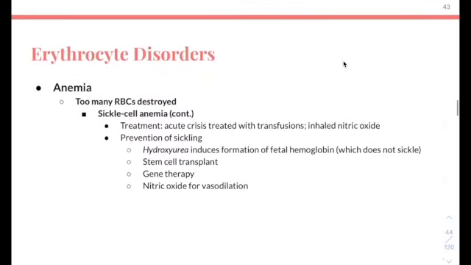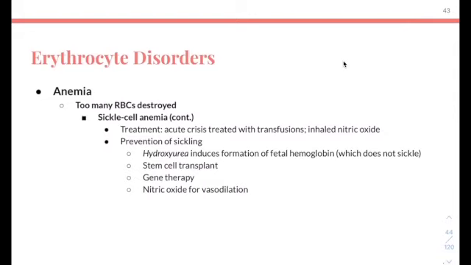Treatment, they usually do some kind of transfusions during crisis. They can inhale nitric oxide and they try to prevent that sickling. So they use hydroxyurea during the formation of fetal hemoglobin to cause it to not sickle.